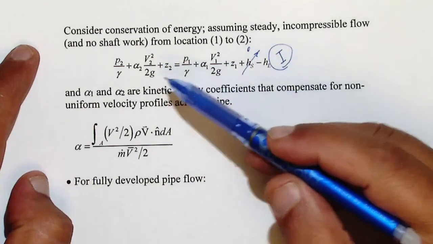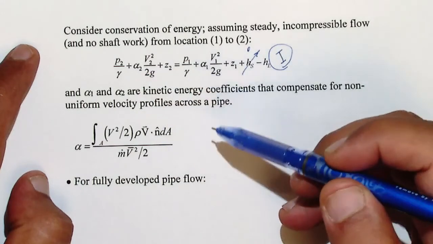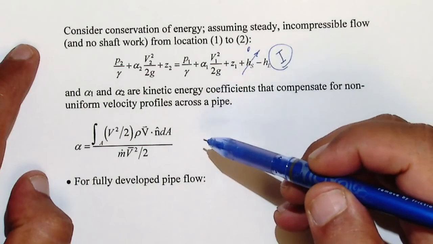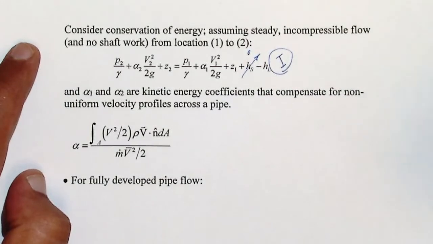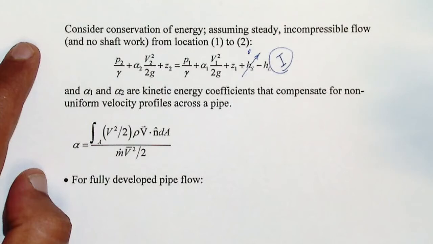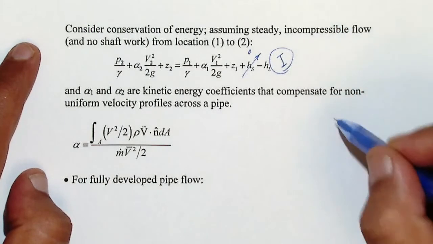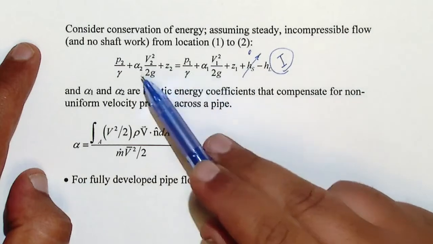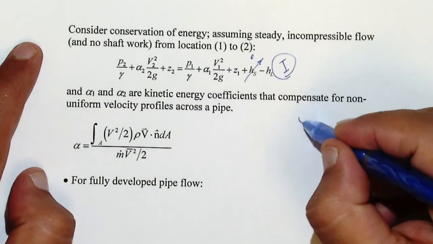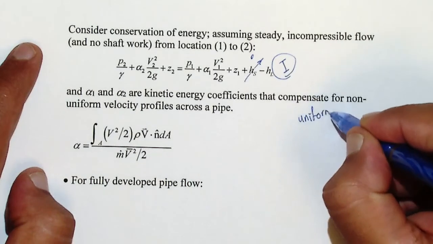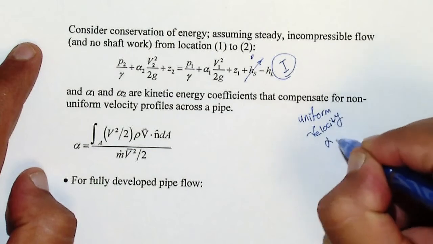But when you have different velocities V1 and V2, alpha 1 and alpha 2 are coefficients that depend on how much your velocity profile differs from a uniform velocity profile. If it's a uniform velocity profile, then alpha 1 and alpha 2 are going to be 1, right? So for uniform velocity, alpha is 1.